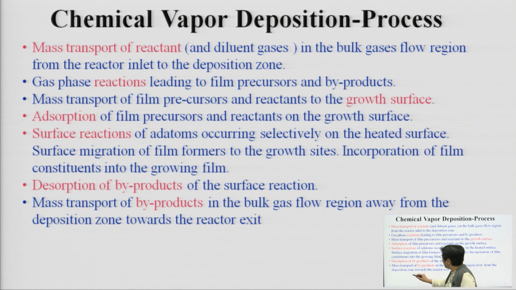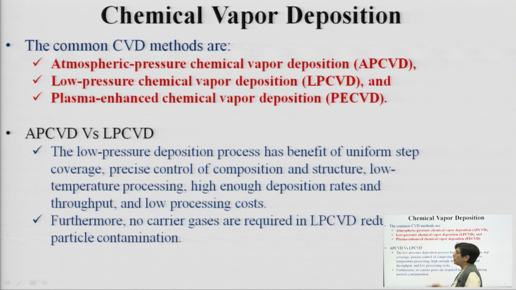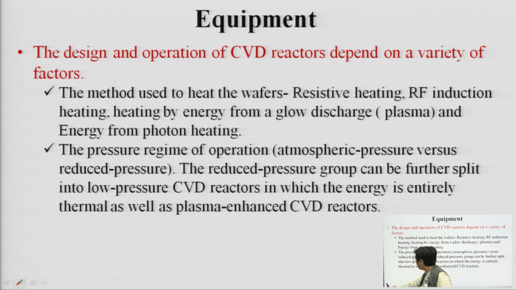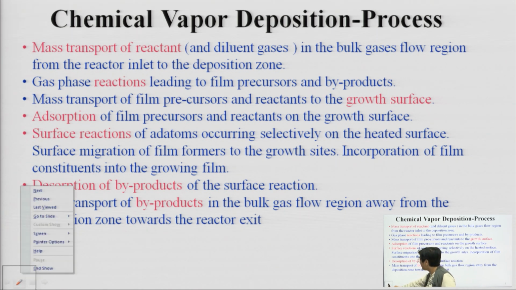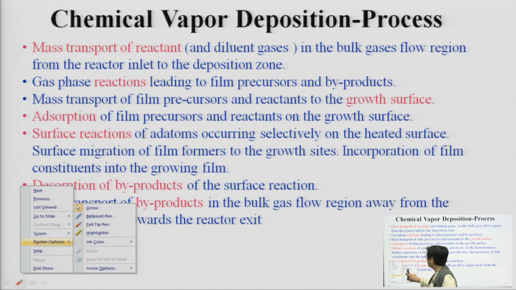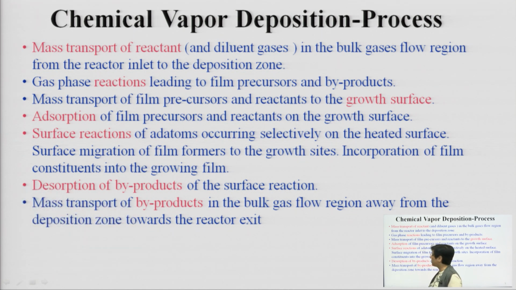Now, desorption of byproducts. Whatever byproducts there are, they are to be driven away basically. These byproducts can be dangerous, and you should be able to drive them away and prevent further surface reaction.